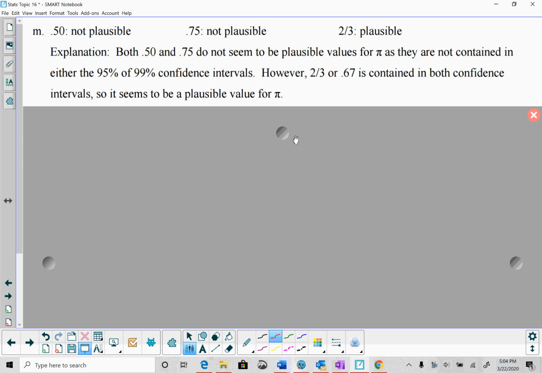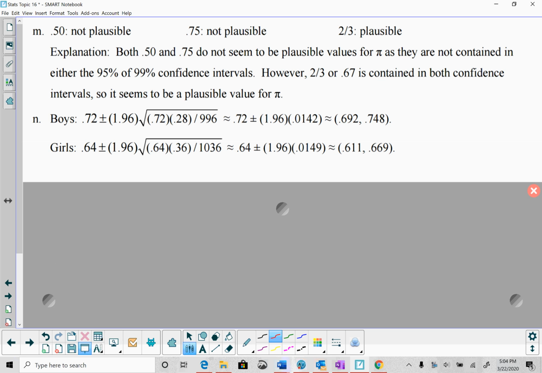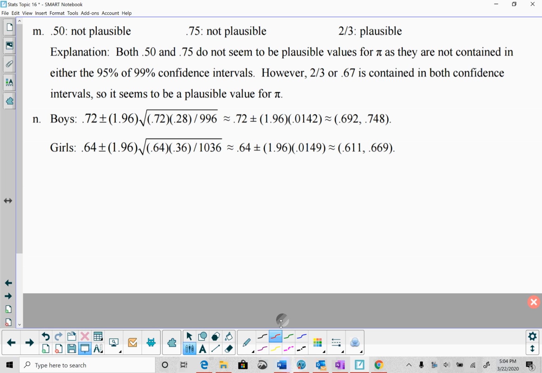The survey also provided sample results broken down separately for boys and girls. So there were 1,036 girls, 996 boys in the sample. Among the boys, 72% had a TV in their bedroom compared to 64% of the girls. So they're asking you to find a 95% confidence interval for the proportion for American boys. I'm not going to do the calculations. You can do this on your own if you want to practice.